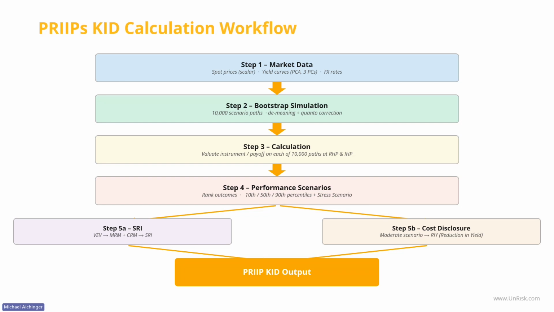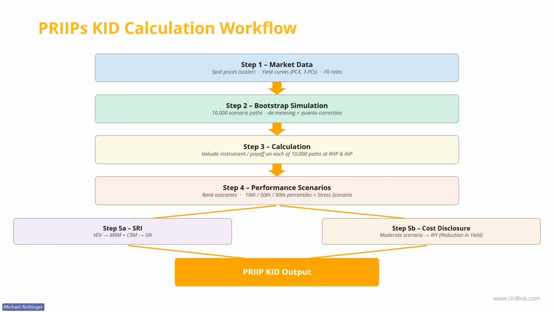In the third step, you do the whole calculation, meaning you have to take the underlying instrument into account and create all the values along the bootstrapped paths. From these calculations, you get distributions and you calculate the performance scenarios by using respective quantiles.